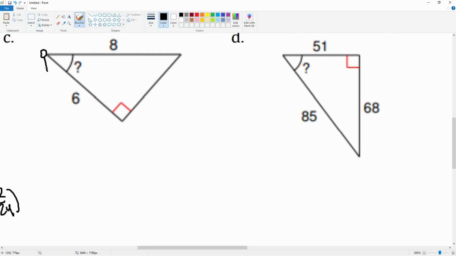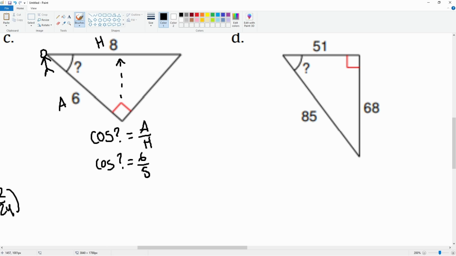Draw a person here at the angle. The 6 is its adjacent because it's closest to it. That 8, which is opposite to that 90, makes it the hypotenuse. Adjacent over hypotenuse would be cosine. So cosine of that question mark is equal to adjacent over hypotenuse, which is 6 over 8.